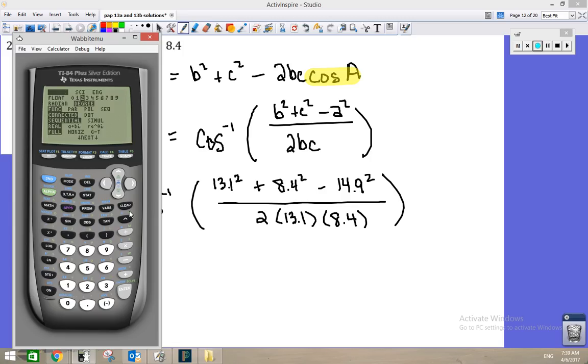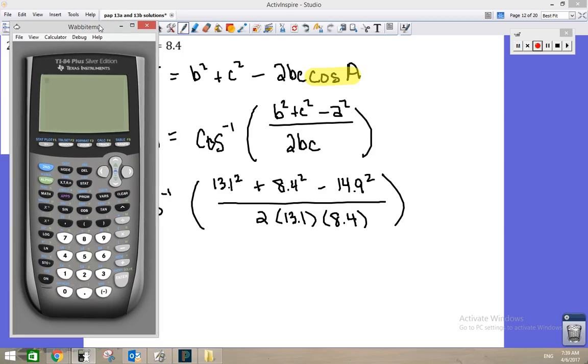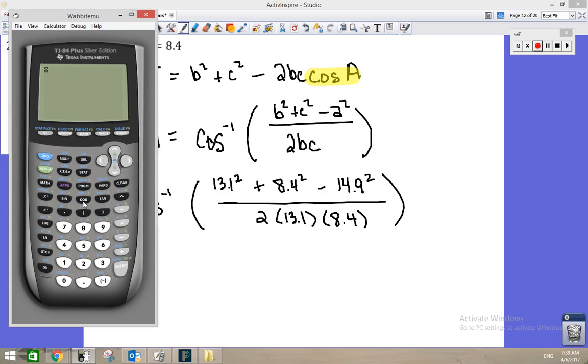So we're in degrees, we're rounded to 2 decimals, and that's fine. Let's take the inverse cosine. Let's put parentheses around this numerator. Let's put parentheses around this denominator.